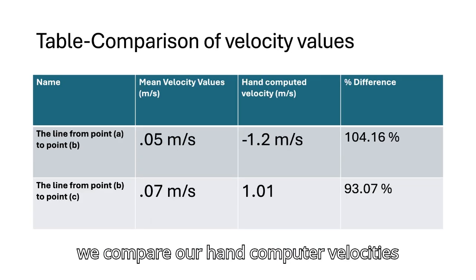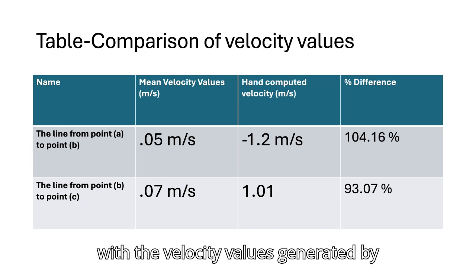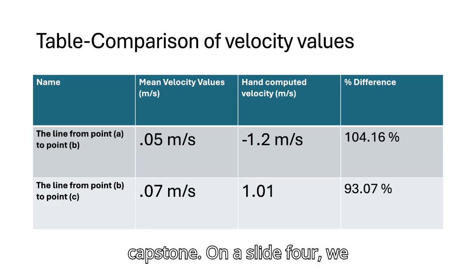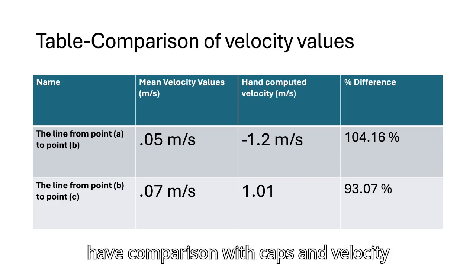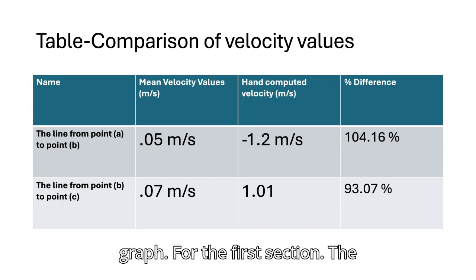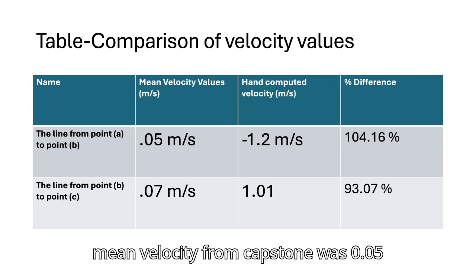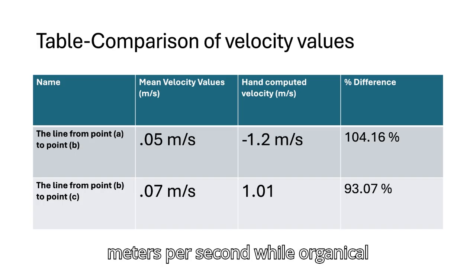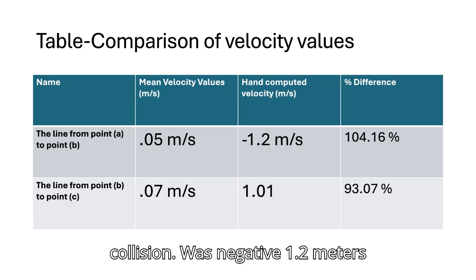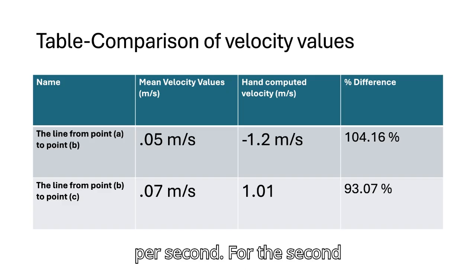Next, we compare our hand computed velocities with the velocity values generated by Capstone. On slide 4, we have the comparison with the Capstone velocity graph. For the first section, the mean velocity from Capstone was 0.05 meters per second, while our hand calculation was negative 1.2 meters per second.